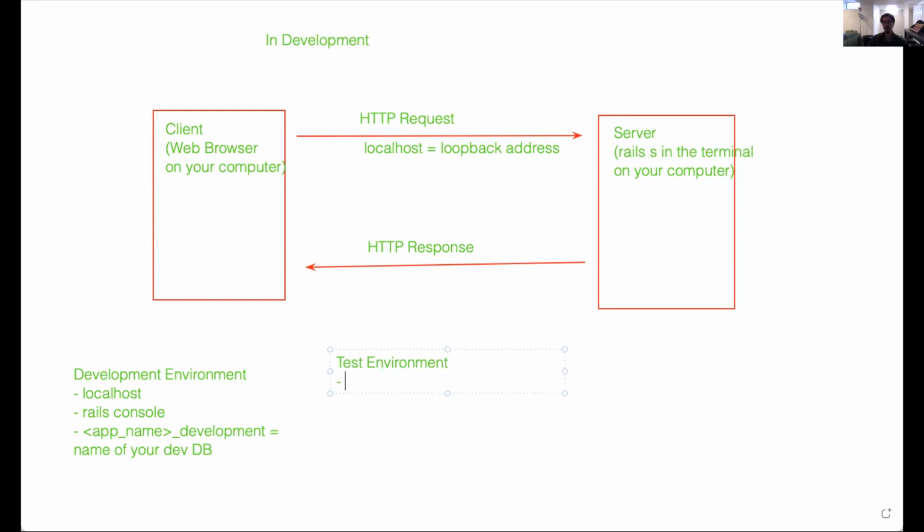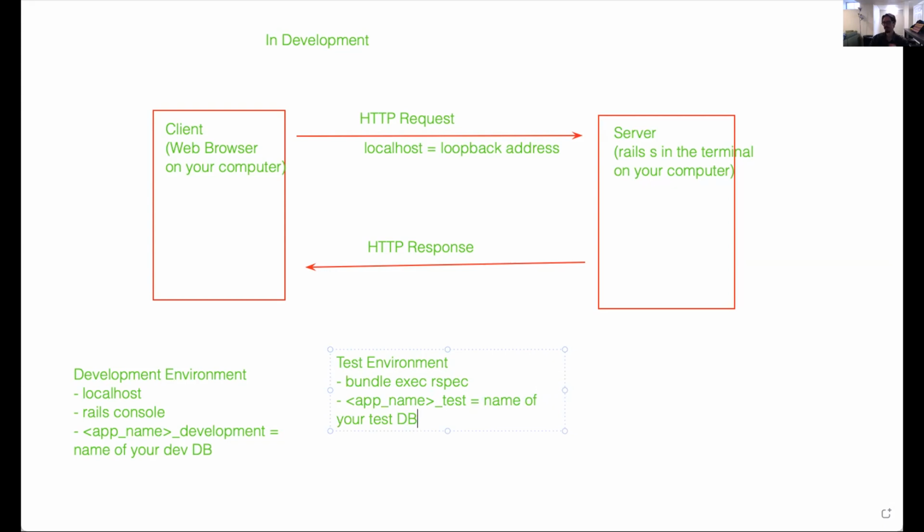Rather than going to a web browser and visiting localhost, we access our test environment by running our tests. So bundle exec rspec is what initiates that test environment. The database is your app name and then underscore test. This is the name of your test database. So you have a separate testing database.